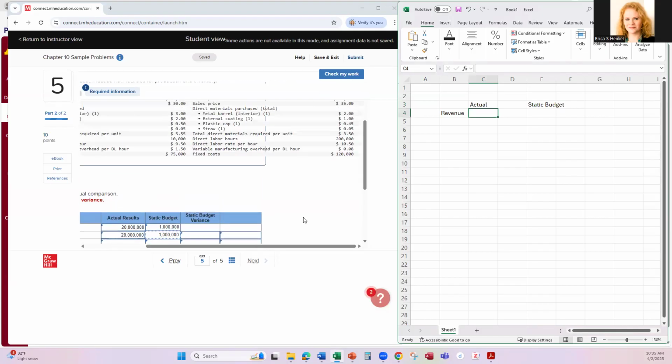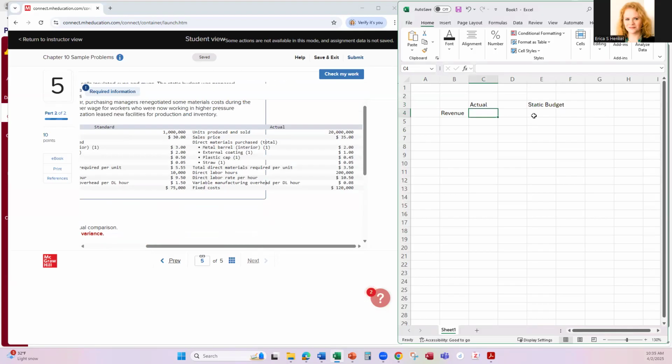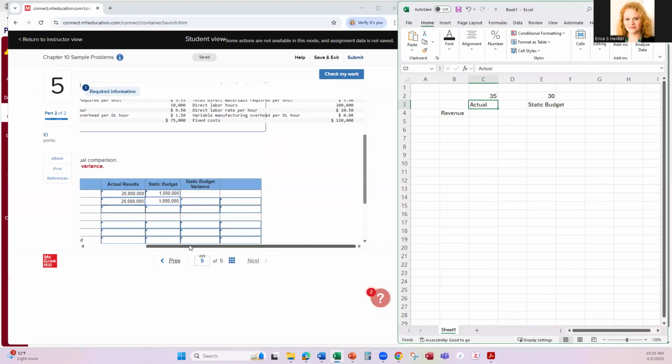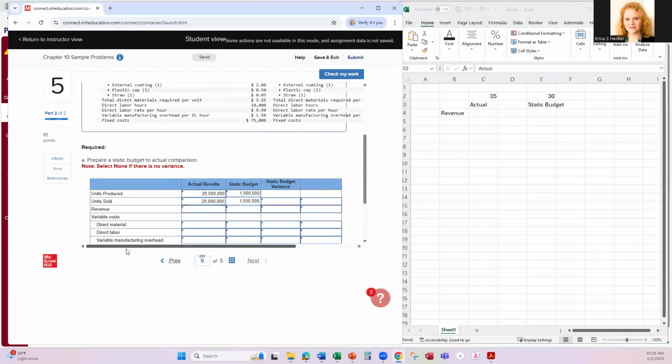For our static budget we had a price of $30 per unit, and for our actual, a sales price average of $35. Now, looking at our revenues here, we're going to have quite a bit more in revenue because we're going to have 20 million units here.